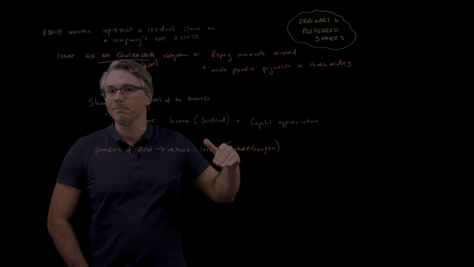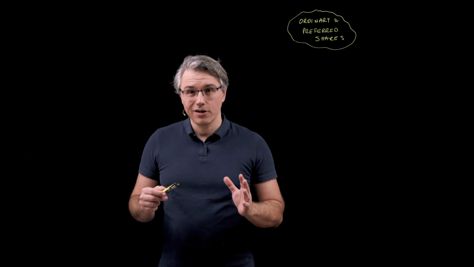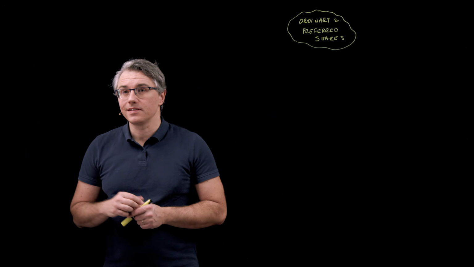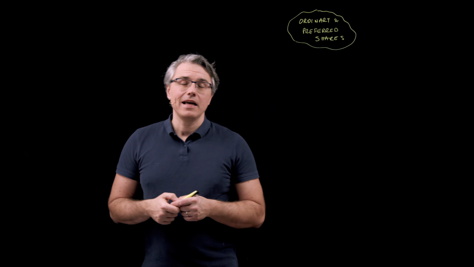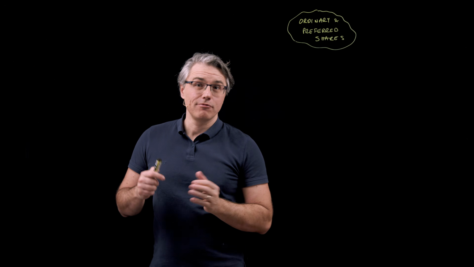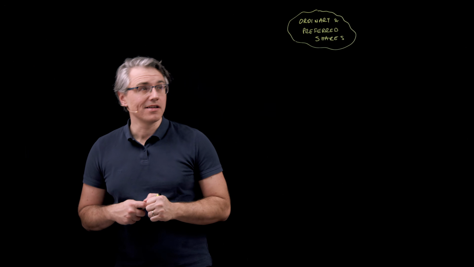Okay, with those introductory remarks about the nature of equity securities and the returns typically expected by equity holders, we can now get into the meat of this topic, which is the differences between ordinary and preferred stock or shares.